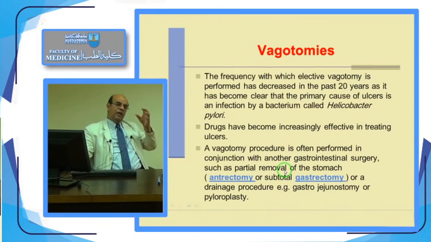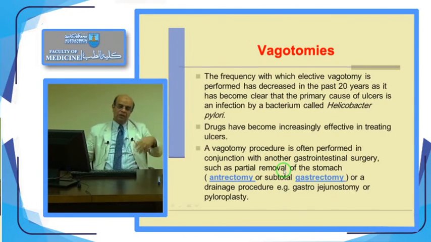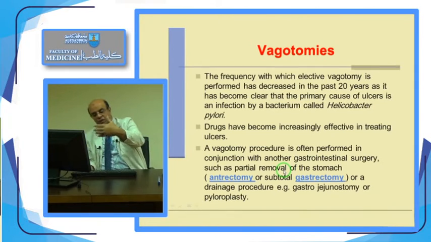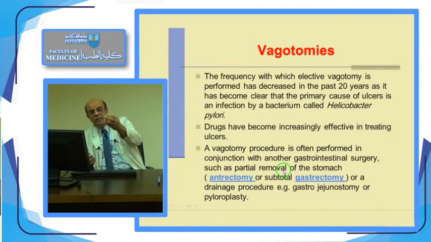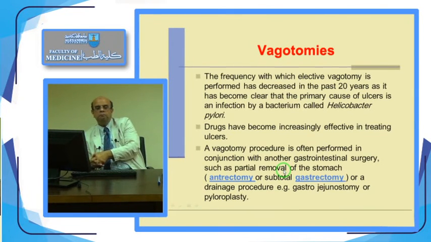Why? Because the vagus has two actions. It stimulates the parietal cells to secrete acid, but it also permits motility of the pylorus and permits the pyloric sphincter to relax, to make the stomach evacuate its contents.